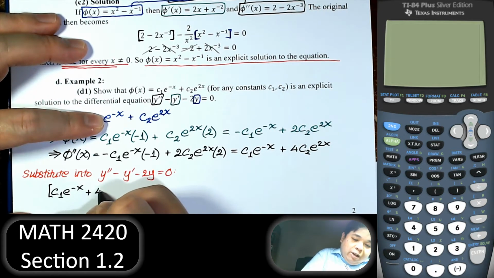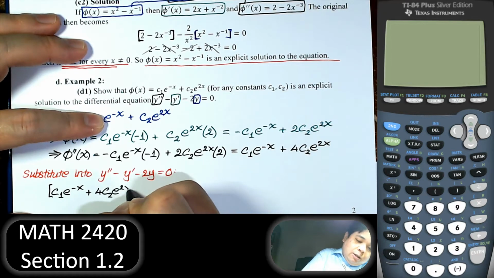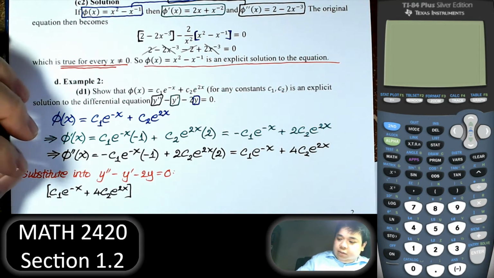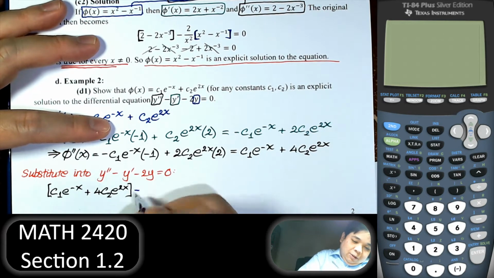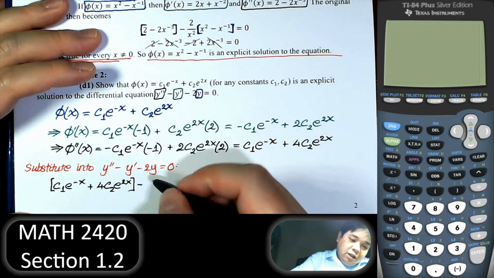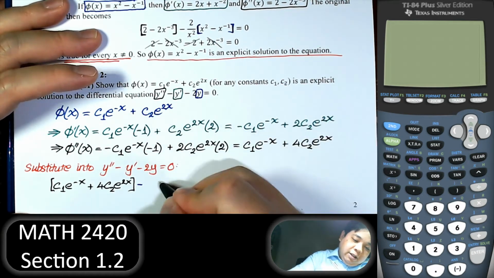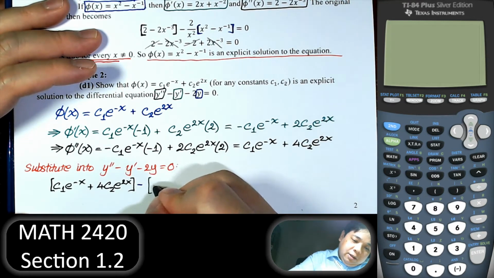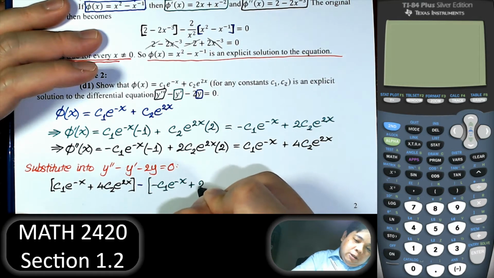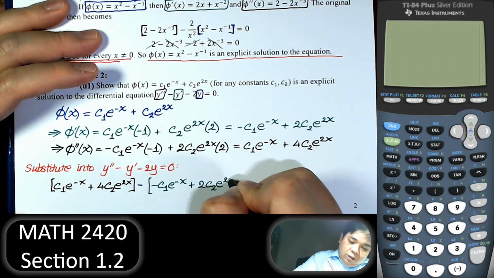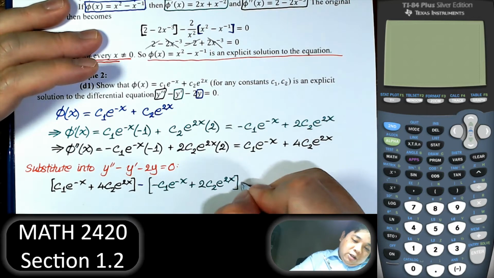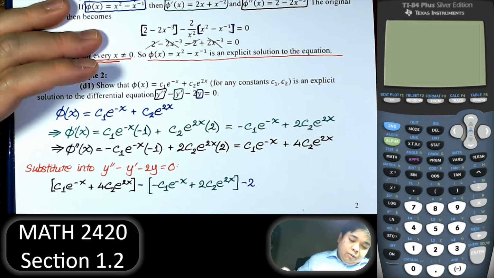So this is the second derivative, and then minus the derivative, which is this. And then minus 2 times the function.